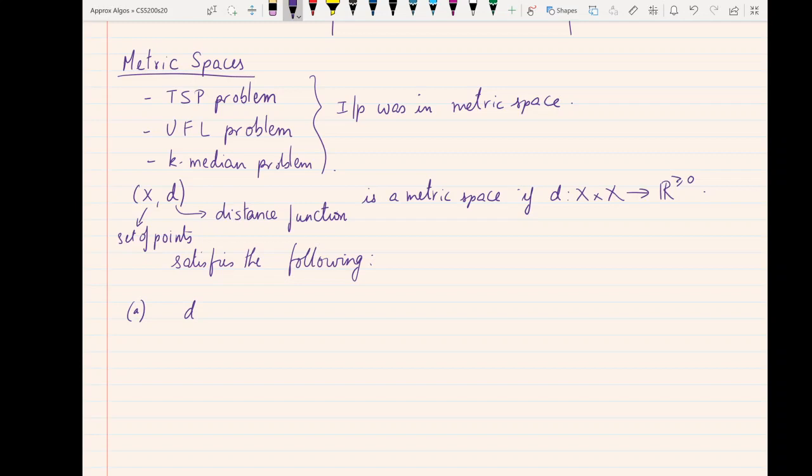First of all, d of ij is equal to 0 if and only if i equals j, where i and j are in x.